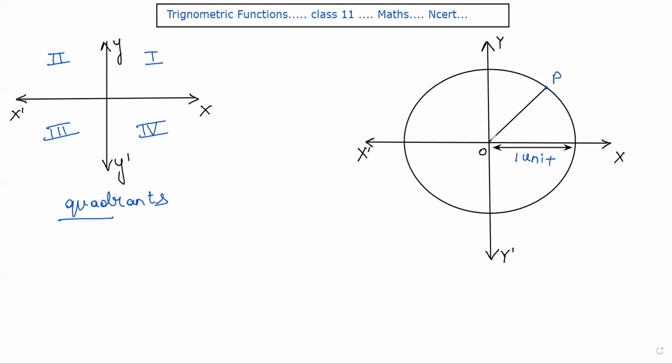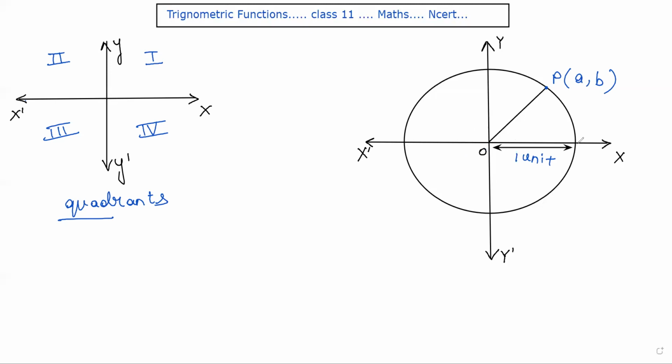The circle has its center placed at the origin 0, 0. With this, let's consider a, b to be the coordinates of this point P in the first quadrant.